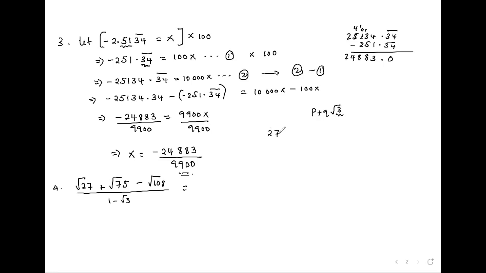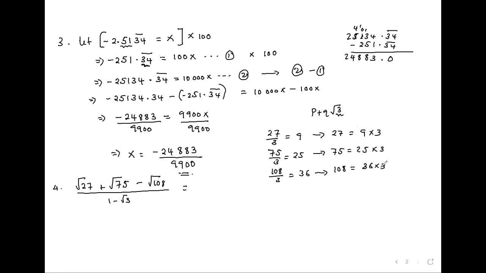So 27 divided by 3, we get 9, so you can write 27 as 9 times 3. 75 divided by 3, we get 25, so you can write 75 as 25 times 3. 108 divided by 3, we get 36, so you can write 108 as 36 times 3.